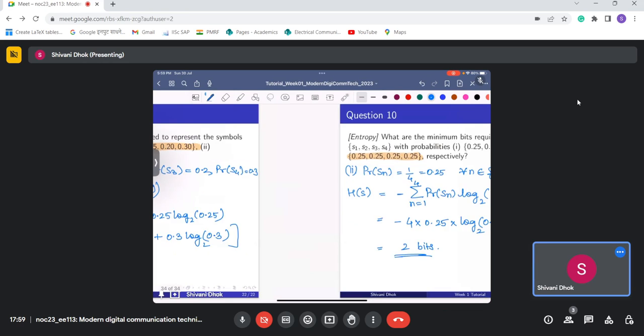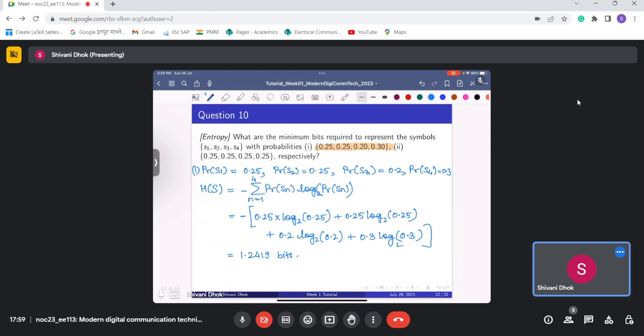If you observe the values, this is 1.2419, however this is 2.